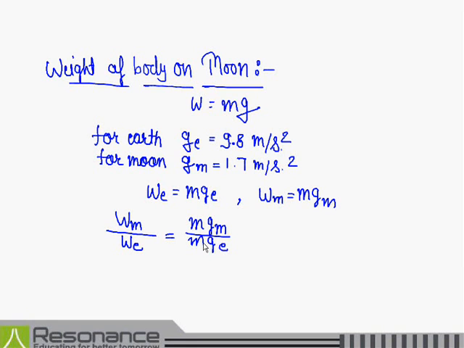Putting these values of gm and ge, we get it approximately equal to 1 by 6. So, we get the relation Wm equals 1 by 6 times We.